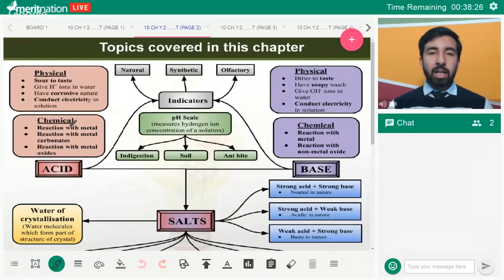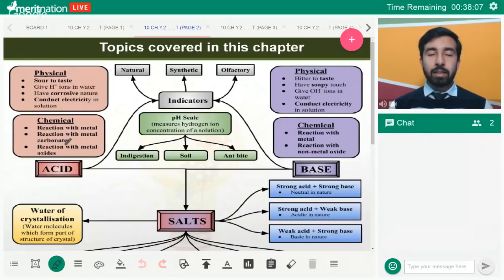Moving on to the chemical properties, that includes the chemical reactions of acids and bases, let's first of all discuss the chemical reactions of acids. The chemical reactions of acids include reaction with metals. We all know acids react with metals to form salt along with the release of hydrogen gas.